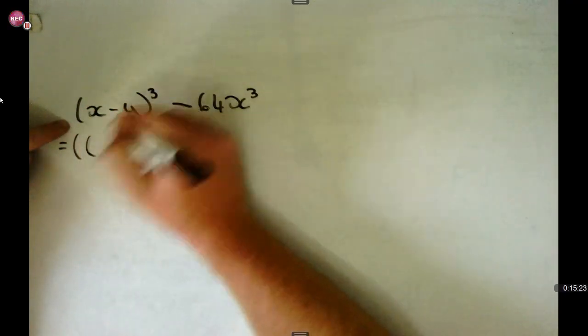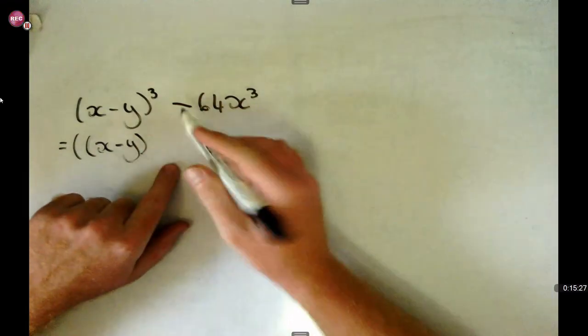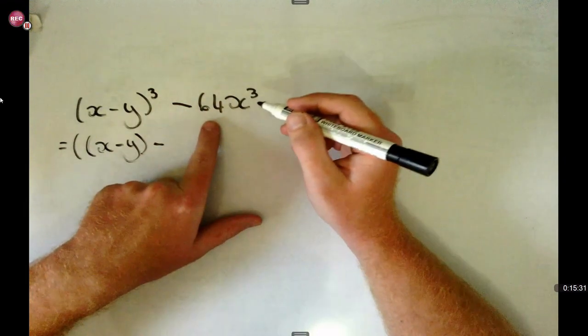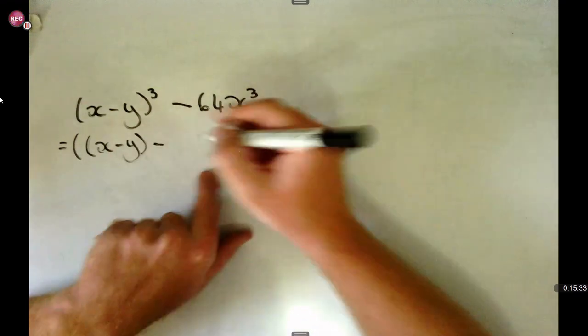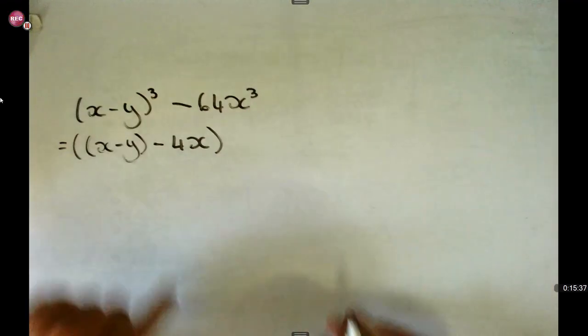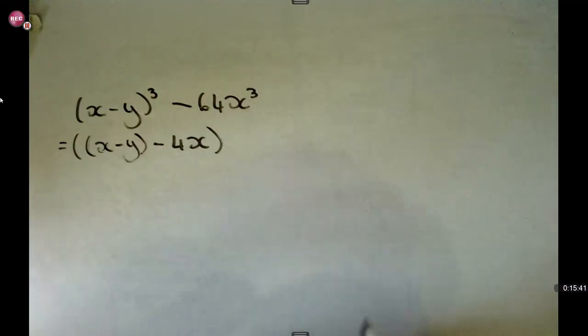So it would be x minus y. Then remember to bring the sign down. The cube root of 64 is 4. We will then bring down the x, and there's your first bracket. This one is quite a question, if I can put it that way.